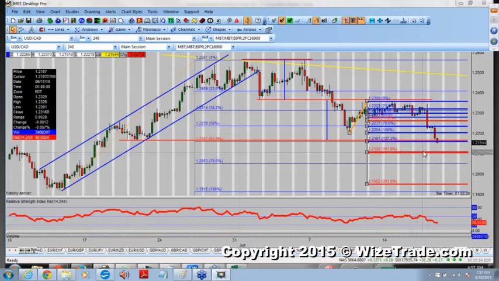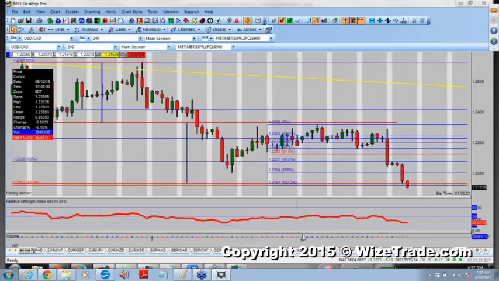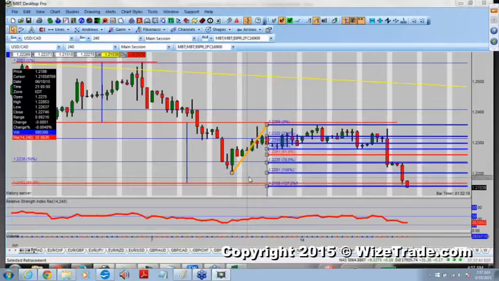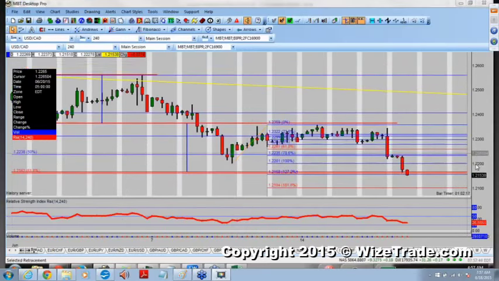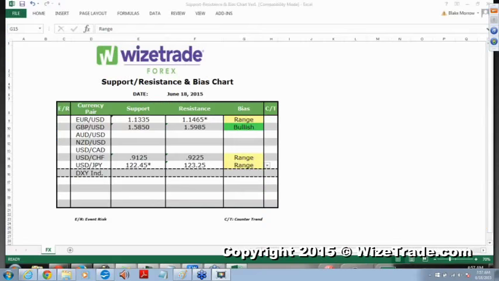So keep your eye on 121. I think 121 in general, because we're sitting on support right now, but obviously we can go further because the dollar is pretty weak. So 121 support.